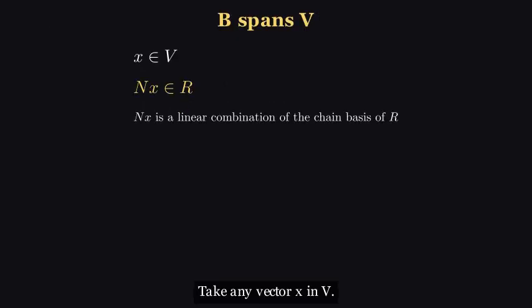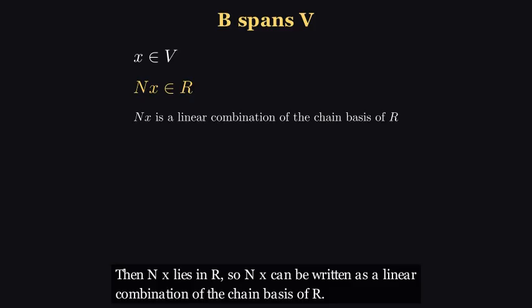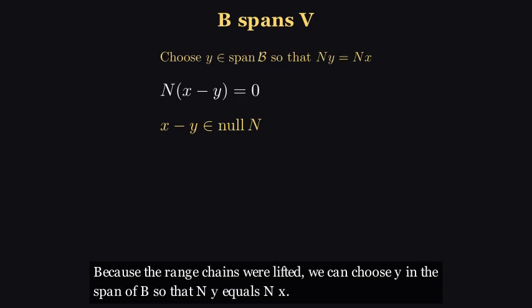Take any vector x in V. Then Nx lies in R, so Nx can be written as a linear combination of the chain basis of R. Because the range chains were lifted, we can choose y in the span of B so that Ny equals Nx.